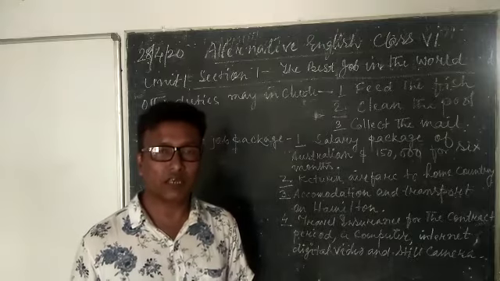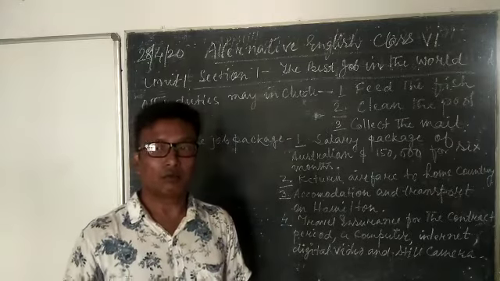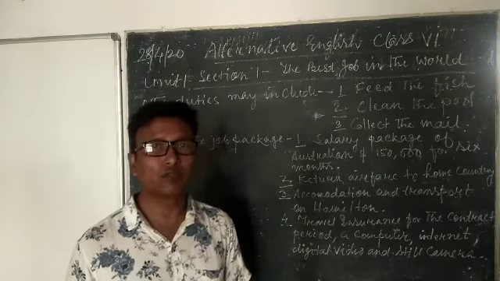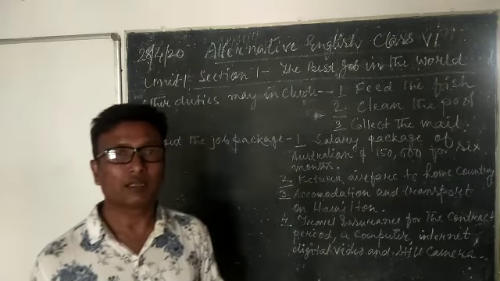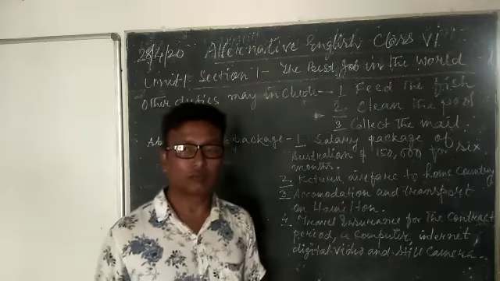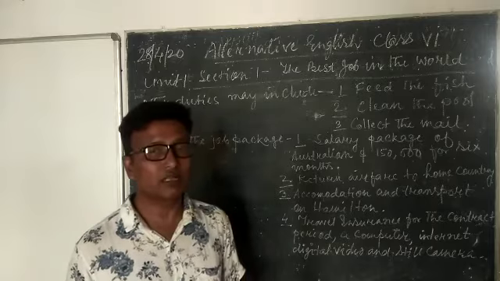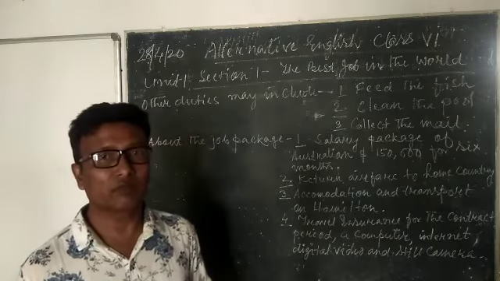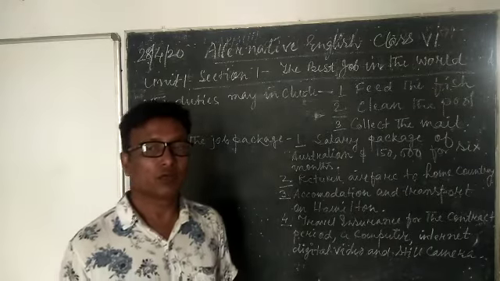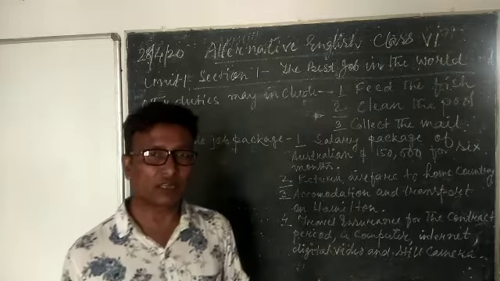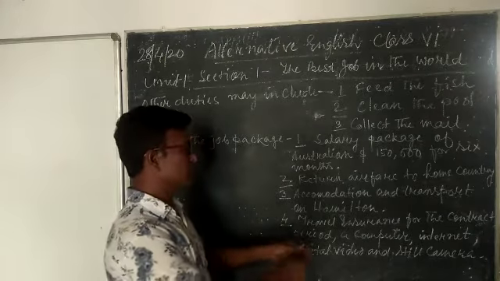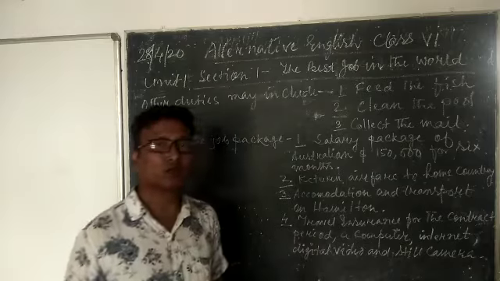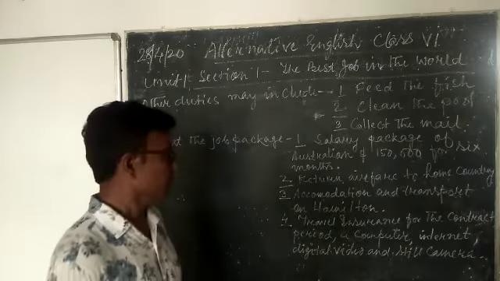Accommodation, where he will stay, and what about the transportation? He will have to move from place to place, and for that he will have to spend some money. So from where will that money come, or will he have to bear that from his own pocket? So here it is mentioned that all accommodation and transport on Hamilton will be borne by that authority.